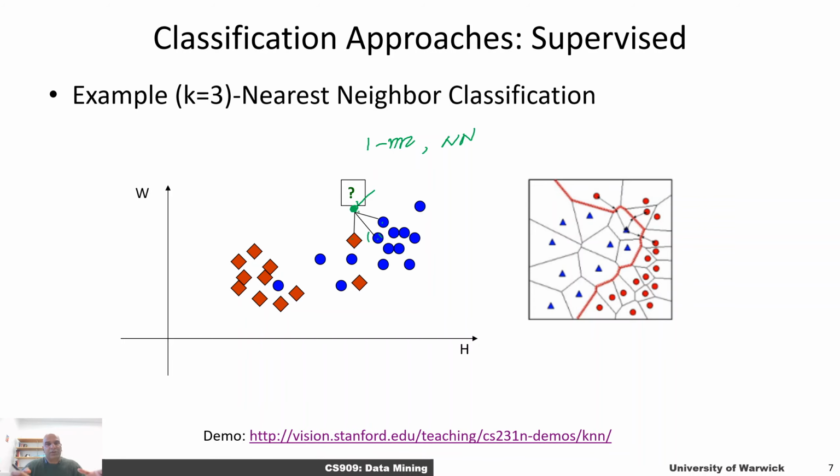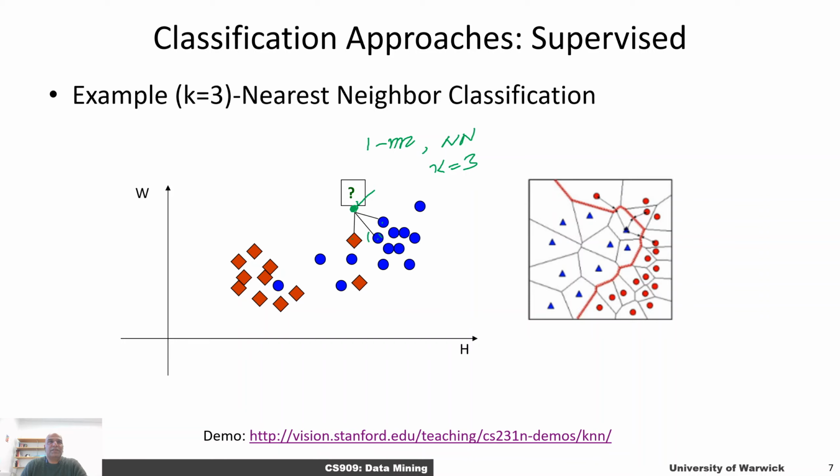Therefore, this particular example can be classified as a blue example. If you follow this rule, then this example for k equal to 3 is going to be classified as blue. If we use k equal to 1, then it was being classified as red. So we can determine a boundary of these examples based on this rule.